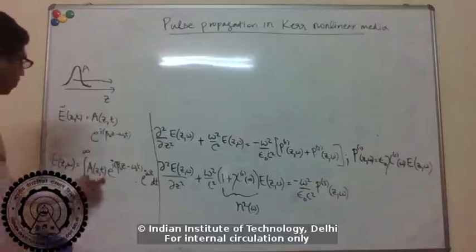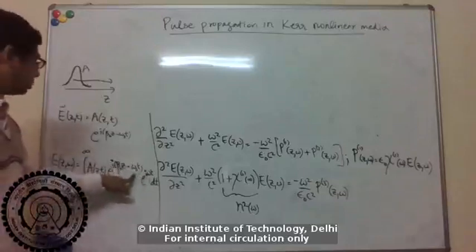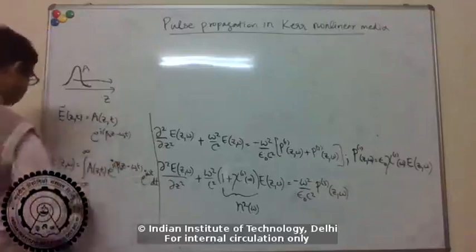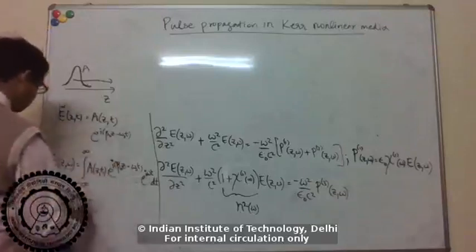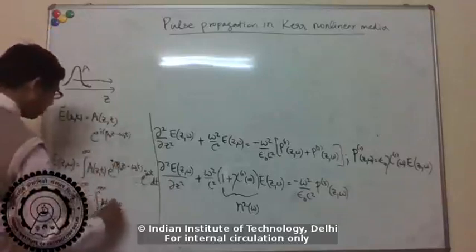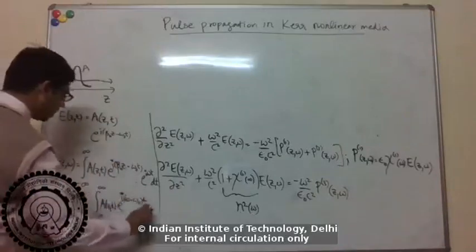And inside the integral, I am left with A times e to the i omega minus omega naught t dt.